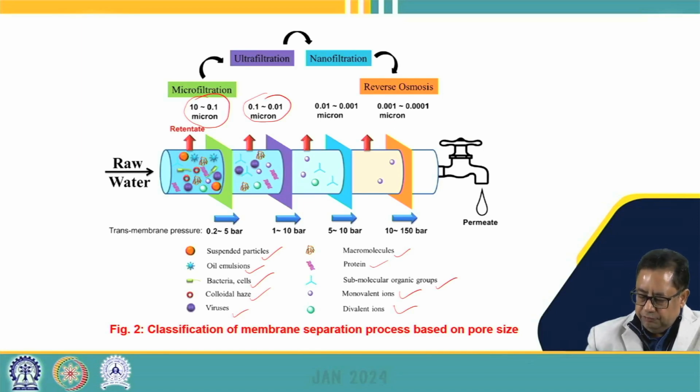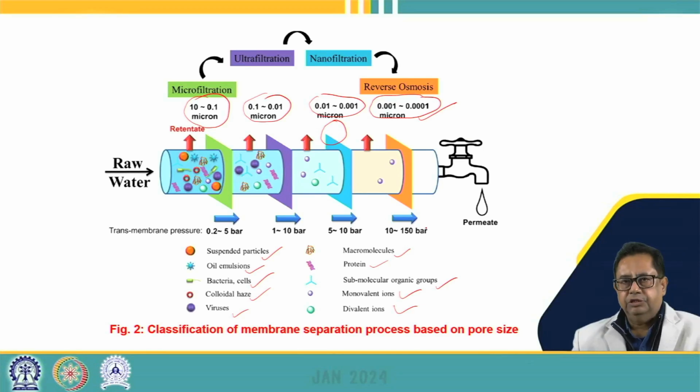For further filtration, we may apply nanofiltration, which has a size of nearly 0.01 to 0.001 microns, and it may lead to the release of the monovalent ions. And when we go for the reverse osmosis process, which has around 10 to the minus 2 to 10 to the minus 4 microns of pore size, this may lead to demineralization. It may lead to the removal of the ions present in the water, and we can get desalinated water in that case.